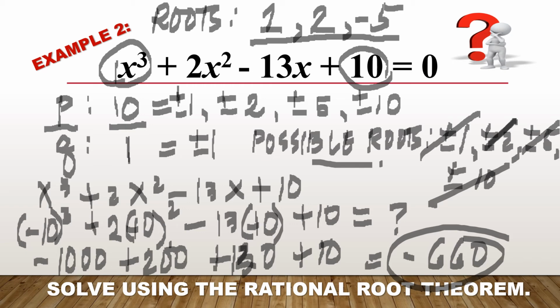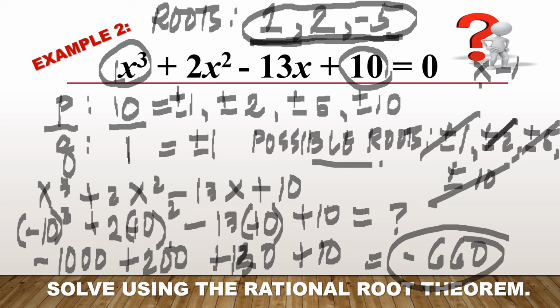So we're done. Therefore, the roots of the given polynomial are 1, 2, and negative 5. And if you will be asked for the factors, it's easy. The factors are x minus 1 from here, and another is x minus 2, and another one is x plus 5.